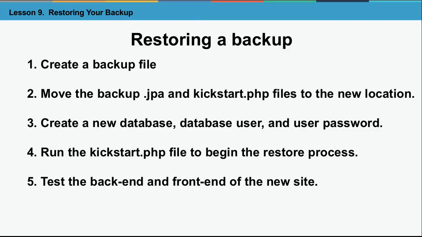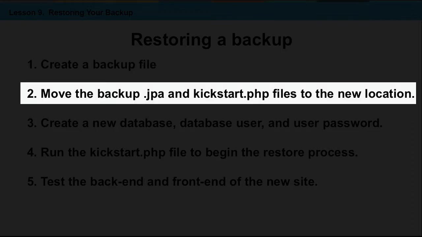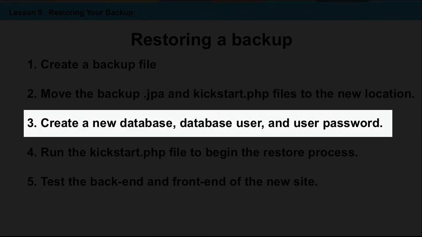Now, this process involves 5 steps. Step 1 is to create a backup, which you've already done. Step 2 is to locate your JPA backup file and your kickstart.php files and move them to a new location on your local host or remote server. Step 3 is to create a new database user, and a password for that user so the user can access the new database.